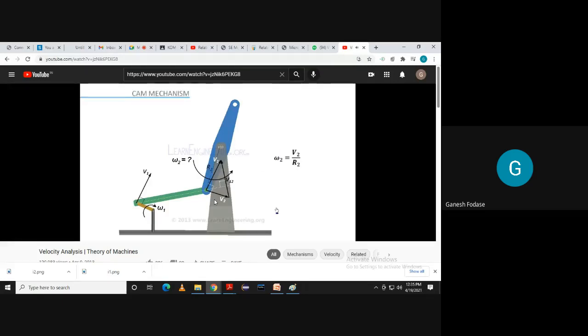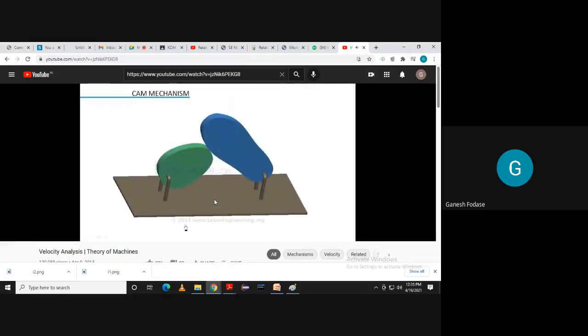Now consider this mechanism. We know angular velocity of this cam. We want to find out angular velocity of the second cam. This is the common normal at the time of mating. Consider the mating point, which lies on both the cams. We know velocity, direction, and magnitude of this point on the first cam. But for the second cam, we know only direction.